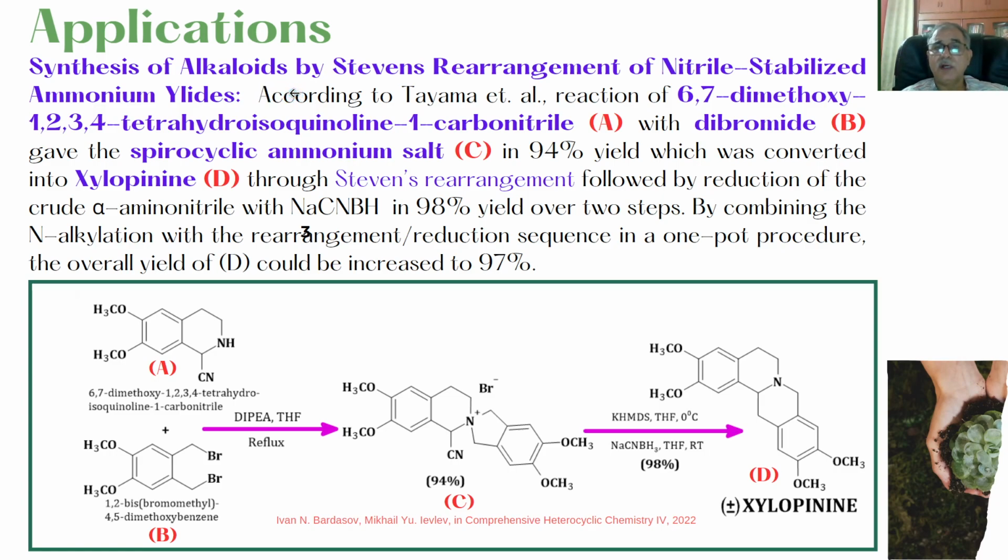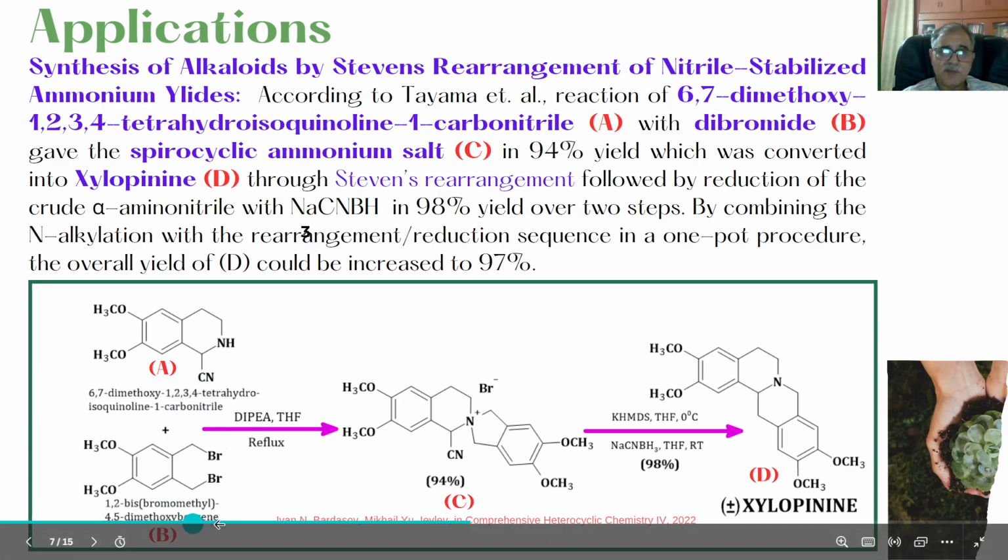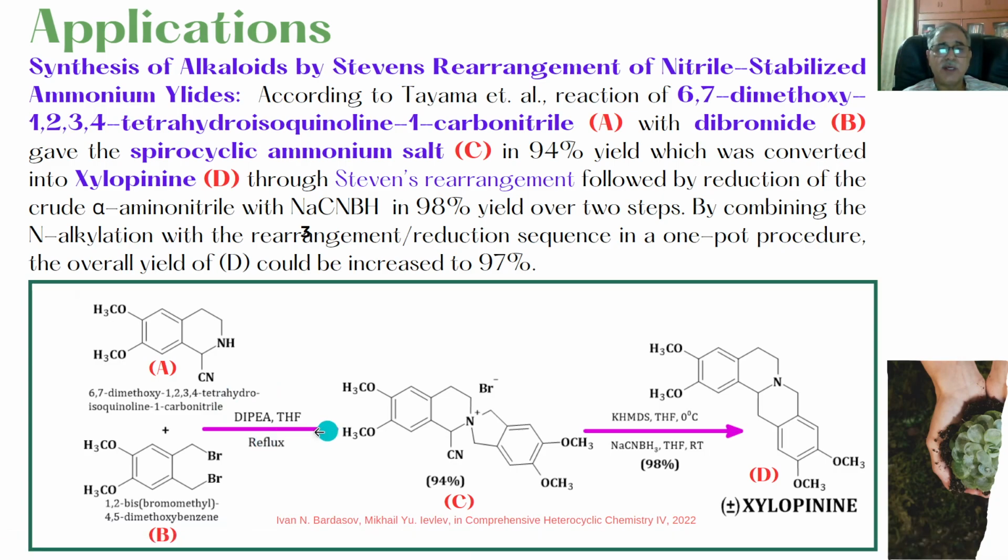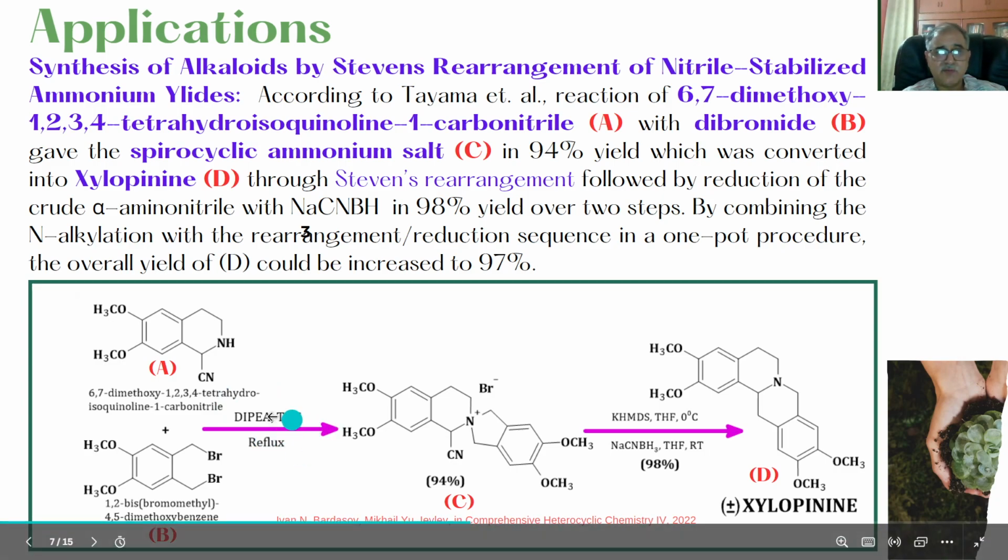For example, if we take this substrate, that is 6,7-dimethoxy-1,2,3,4-tetrahydroisoquinoline-1-carbonitrile, and we react this with this type of dibromide in the presence of diisopropylethylamine in THF, and we reflux these, then with the elimination of HBr, these types of quaternary ammonium salts are formed.